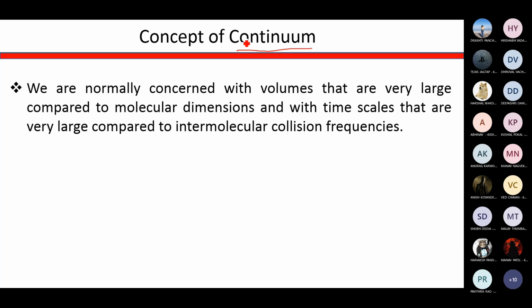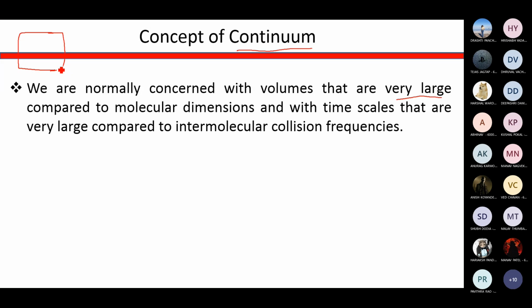So we normally are concerned with volumes that are very large compared to molecular dimensions, and with time scales that are very large compared to intermolecular collision frequencies. Now imagine you have a tank like this, and the volumes we select are very large.